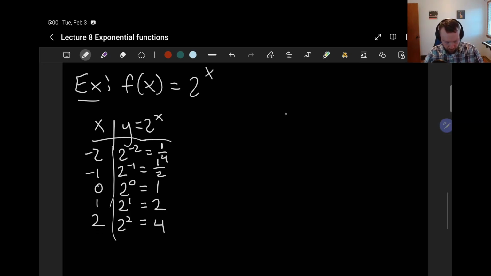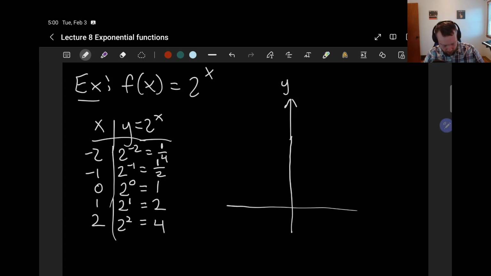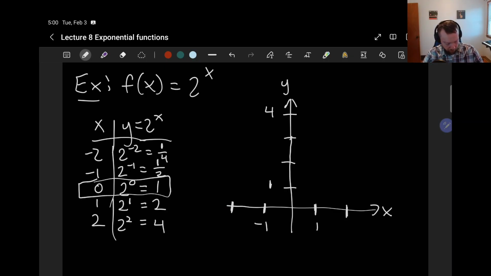Let's plot these points. So let's say this is 4. Just go out a couple units. My first point I looked at was (0, 1). So x value of 0, y value of 1, that's that point right there.